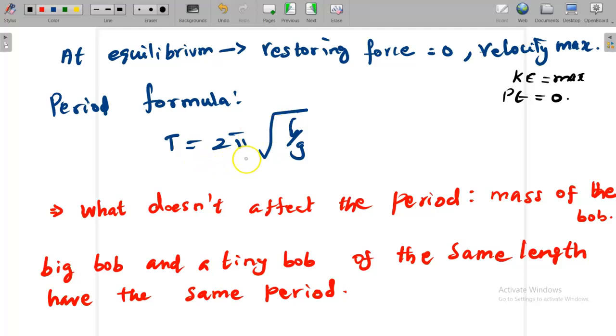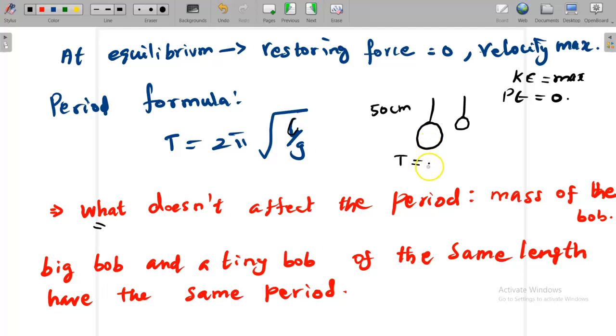You know the formula: 2 pi square root of length L by g. A very important thing is this one: what does not affect the period? The mass of the bulb, the mass of the ball. Now we have a bigger mass of ball and a smaller one, and the length is, for example, 50 centimeters for both, and you are measuring the time period.